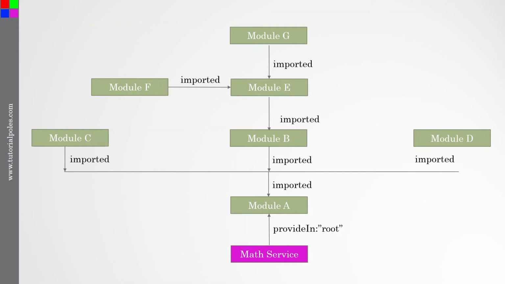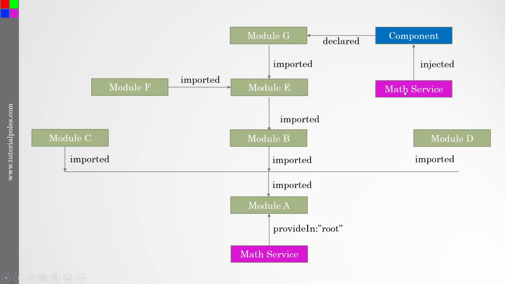Now let's say we have a component in module G which is injecting math service. Angular will start looking for the service in modules from the current module all the way up to the root module. And as providedIn root has added our service in the root module, it will always resolve from there. It means irrespective of where we are injecting the service, it will always be resolved from the root module.